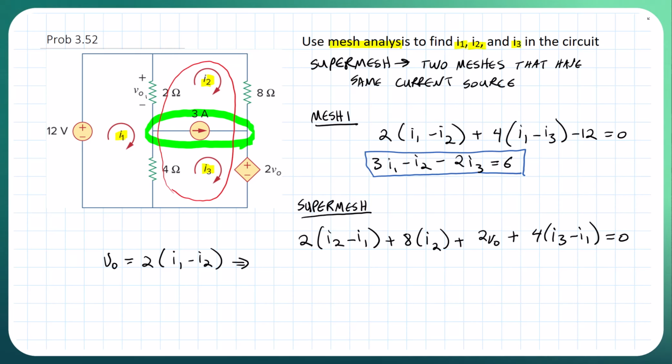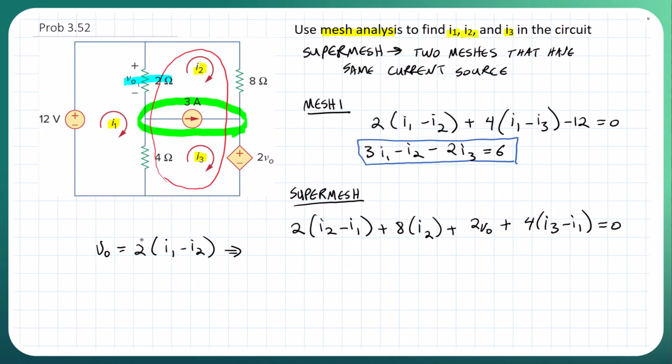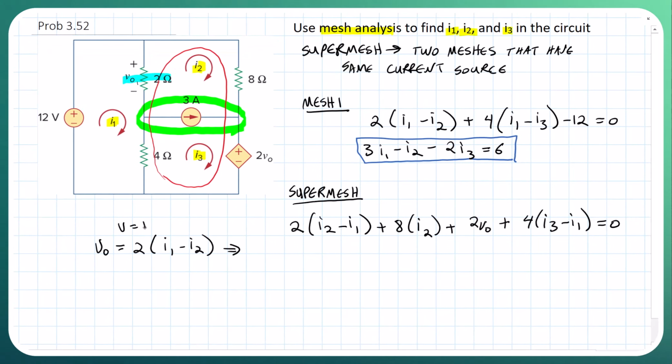And we get that from here, because we're told that V naught is the voltage across the 2 ohms here. So if we look at this, we're just using V equals IR, where our I is just I1 coming down, I2 going up, and then 2 ohms is our resistor. Okay, so that's a second equation, technically we can say.